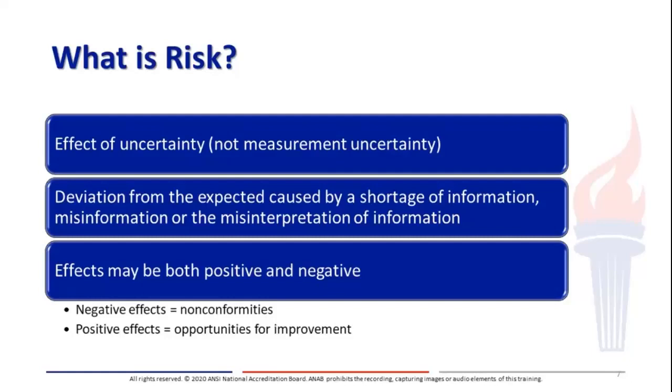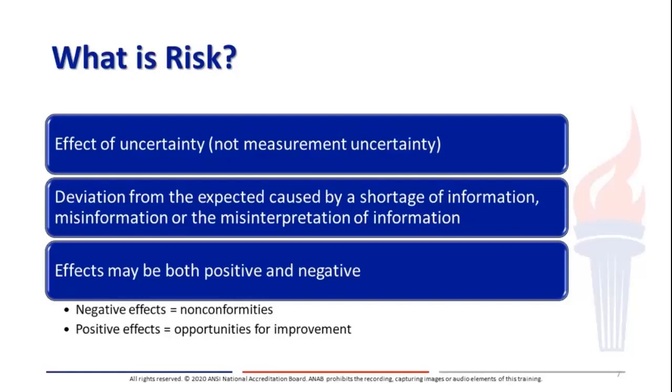Deviation from the expected caused by a shortage of information or misinformation or the misinterpretation of the information. That's an educational thing, and especially when we get into contract review, we have to have the scope of work defined. It has to be understood, and it has to be documented so that everybody, between the CAB and the customer, understands the service that is needed and can be provided.